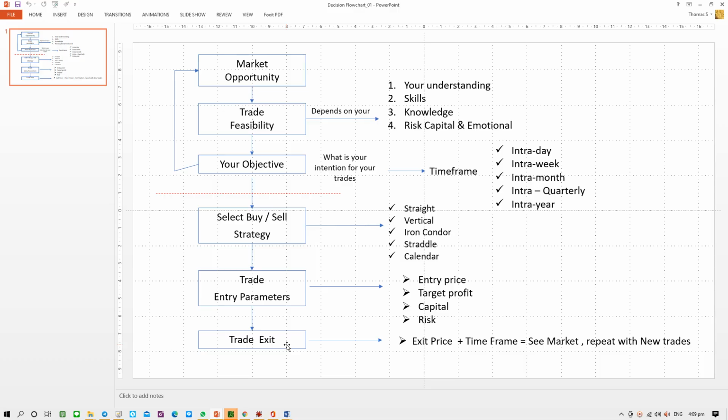Probability is always return over risk. How many trades can you afford to lose? That's the reason why I never tell you to put all your 10 contracts in one time. Even last time, a newer student said, I've got $2,000 of risk I want to do on the next Tesla.